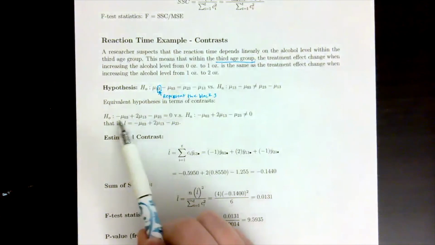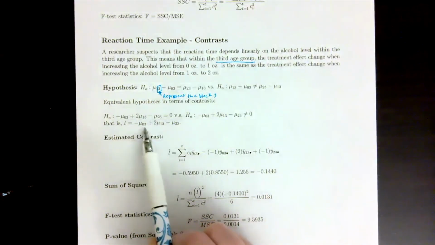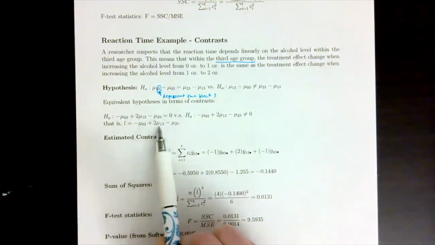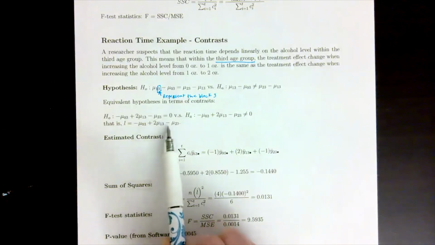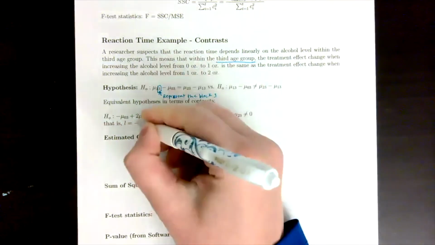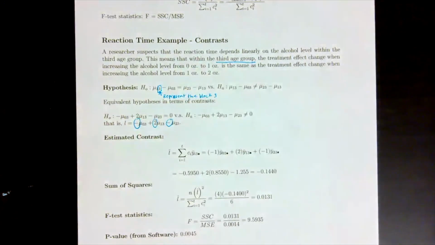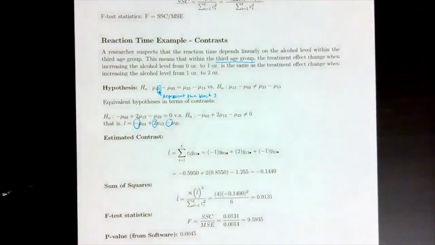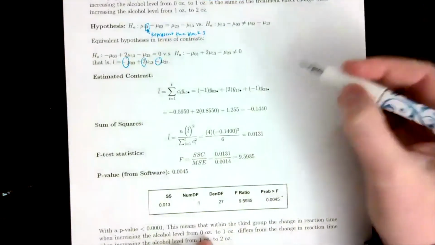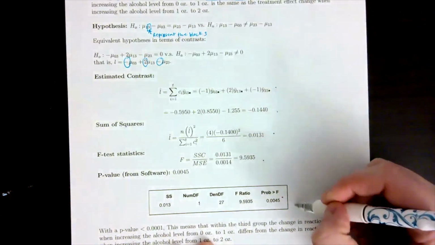And we're going to get this hypothesis where our L is minus mu 0,3, so this is treatment 0 in block 3, plus 2 times the mu of treatment 1 in block 3, minus the mu of treatment 2 in block 3. Again, this is where our contrast coefficients are: minus, plus 2, minus. And again, in software, we'll talk more about it watching the respective videos. We then can do our estimate, sums of squares, F-stat, and then we get a p-value.